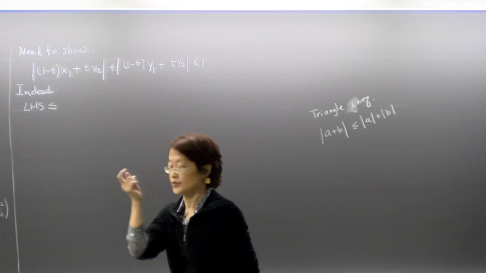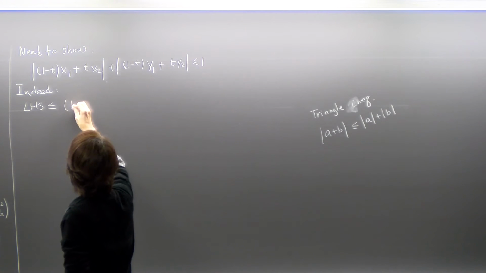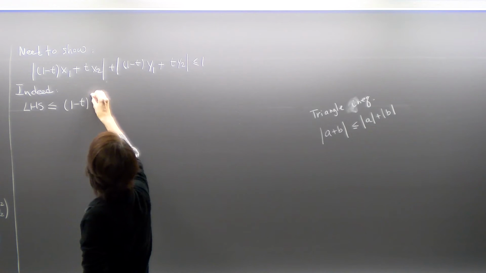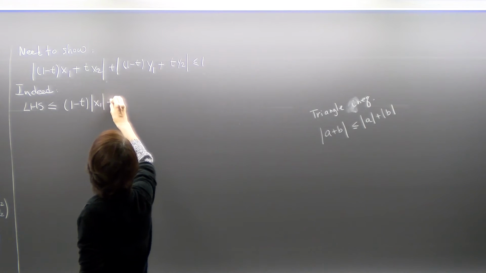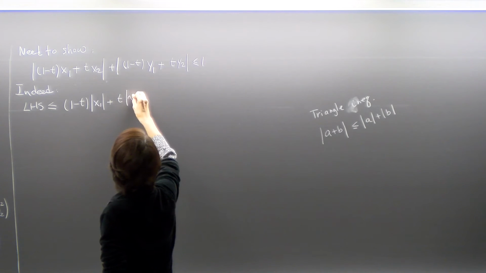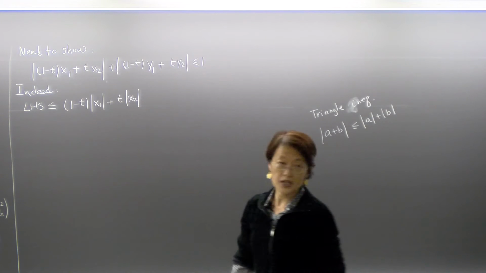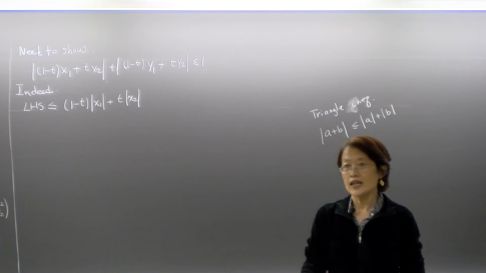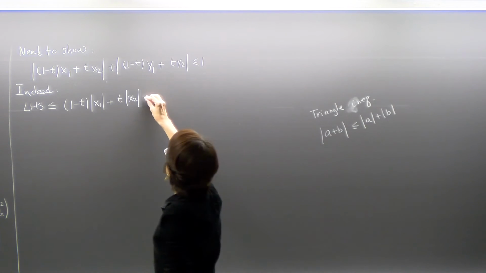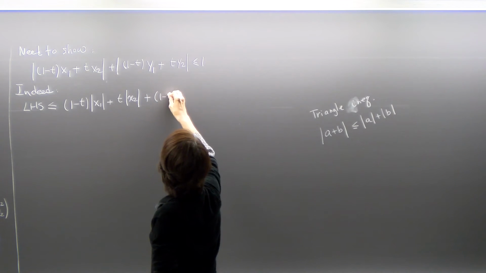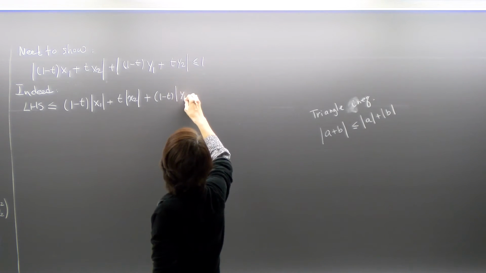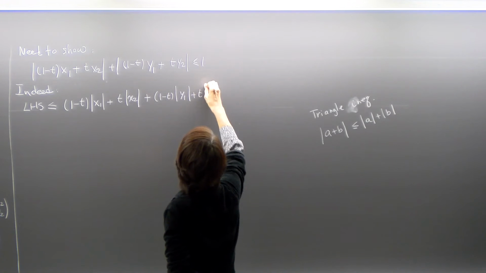So I have 1 minus t, absolute value of x1, plus t, absolute value of x2. That comes from the first term. And I do the same thing for the second: 1 minus t, y1, t, y2.